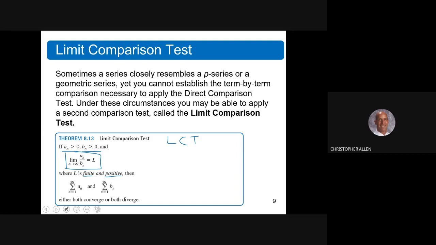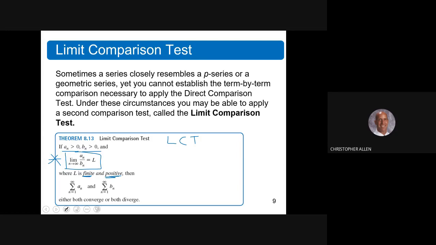So let me say that again. We need a sub n and b sub n to both be greater than 0. Here's the key. You are going to do the limit as n goes to infinity of their ratio. If that is equal to a finite and positive number, then you can conclude that both of them converge or both of them diverge.